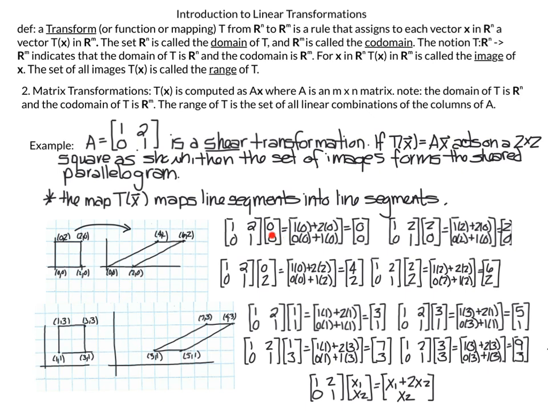When I plugged in 0, my x2 stayed. When I had a 2 here, that one stayed. Over here, definitely the x2 stayed. So the height, the bottom number, always stayed the same. And then here you can see we have a change. x1 both gets a scale and a shift over by x2 units.